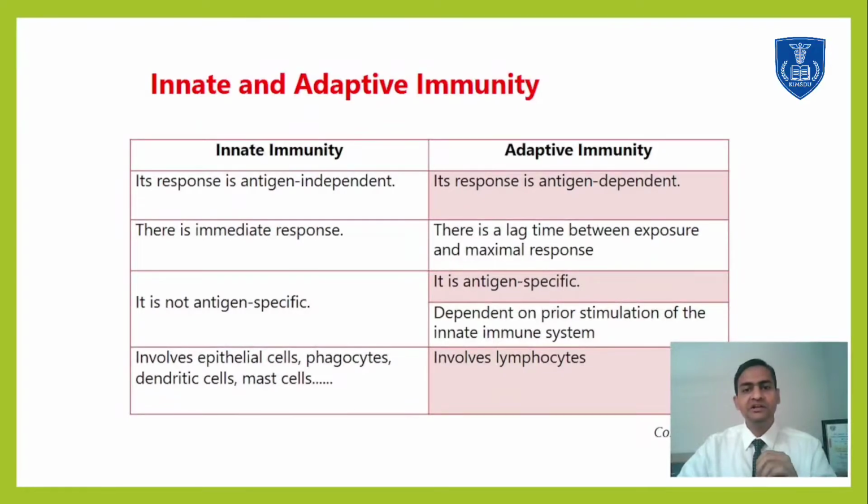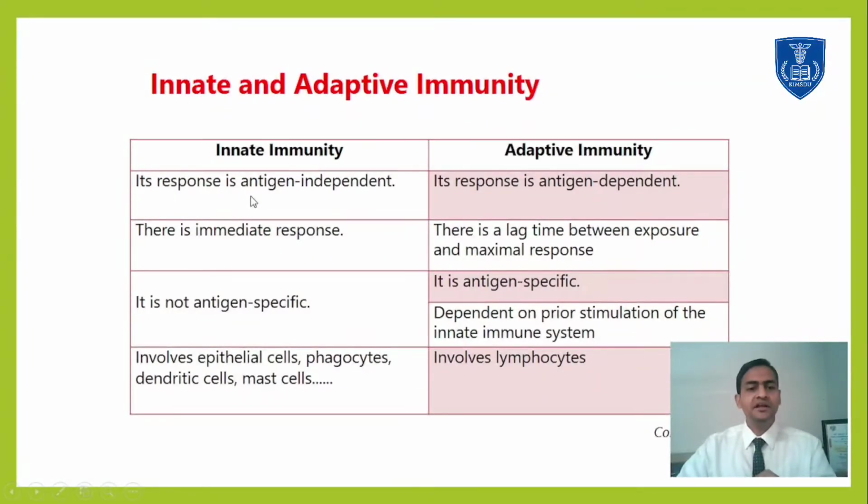Whereas adaptive immunity will be specific, and it will first check the infection, how the infection is there, how serious it is, and what steps should be taken to control that particular infection. That's why adaptive immunity will take some time to develop.